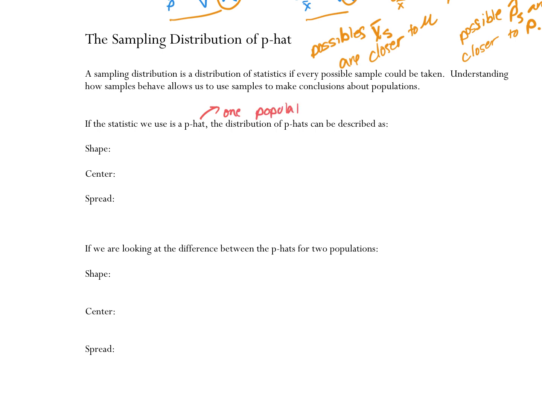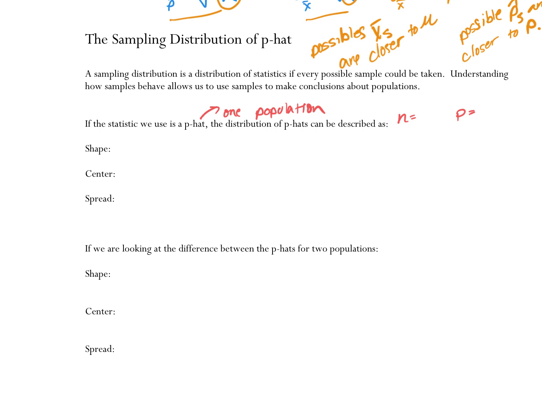And we need to think through what are those key characteristics of the distribution of possible p hats. When we talk about the distribution of p hats, it's a theoretical distribution of all the possible ways we could take a sample, where we have a sample of some size and a population parameter, okay? Like some population proportion that describes the big ideas of what's going on.